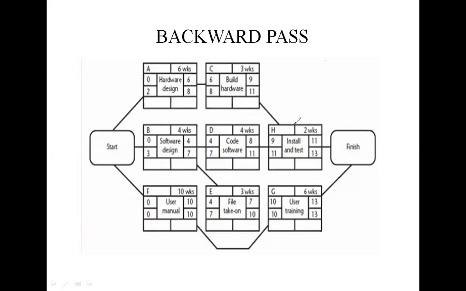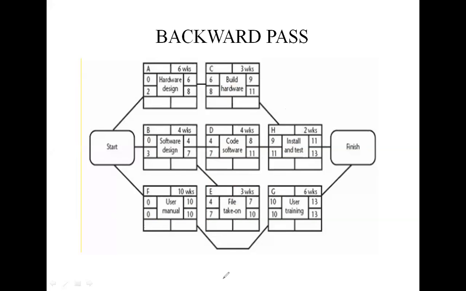So far, is it clear? If any doubt, please write a message in the chat box. Do you understand the backward pass? Once again I repeat. In the forward pass we have no confusion, because we start here and add the weeks. In the backward pass we have to subtract from the previously covered time.